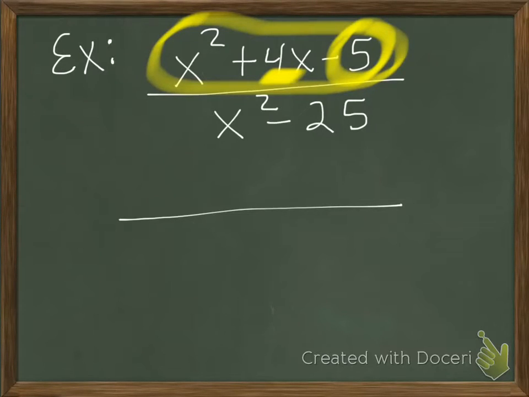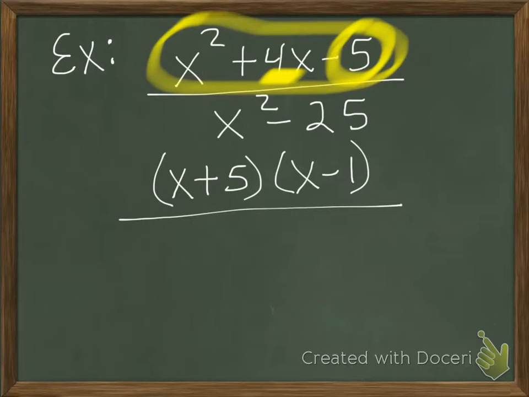So what multiplies to give me 5 and adds to give me 4? That would be x plus 5, x minus 1. 5 times negative 1 equals negative 5. 5 plus negative 1 equals 4.